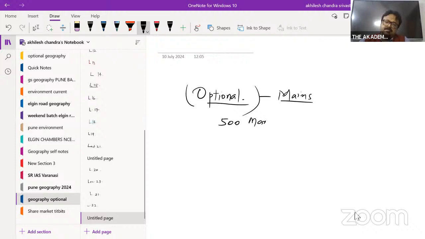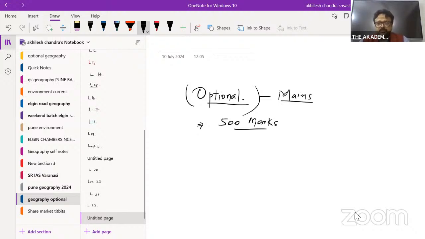And if you get good marks in your optional, certainly it will catapult you into the league of the civil services, all India services, IAS, IPS, or IFS. And indeed, good marks are required for these three services. That's why choosing the optional has to be very strict.